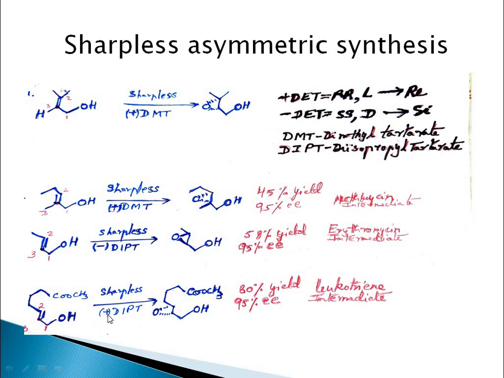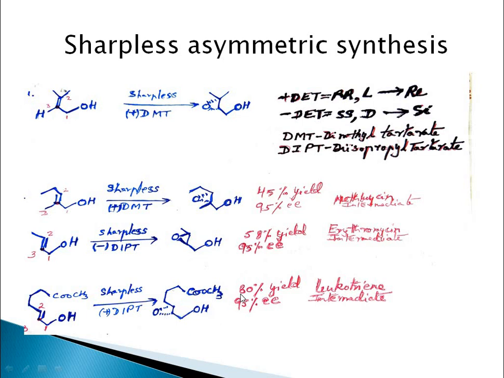And since we are using plus DIPT, which delivers the oxygen from TBHP along the Re face, if on the plane of the paper is the Si face, the Re face must be present below the plane of the paper. So it will deliver the oxygen below the plane of the paper as shown by the dash.